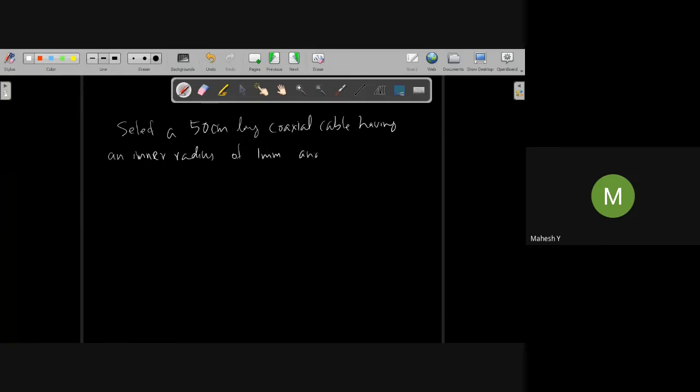So let us select a 50 centimeter long coaxial cable having an inner radius of 1 mm and outer radius of 4 mm.